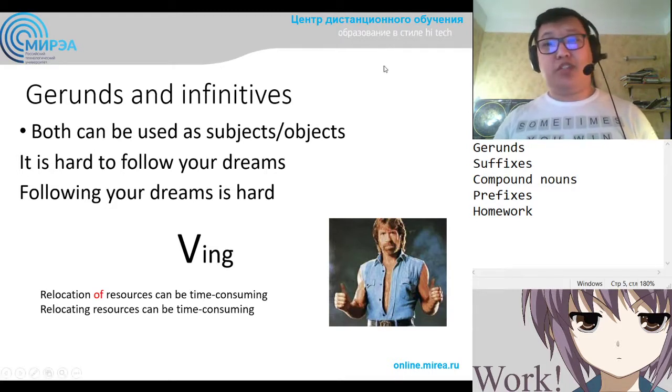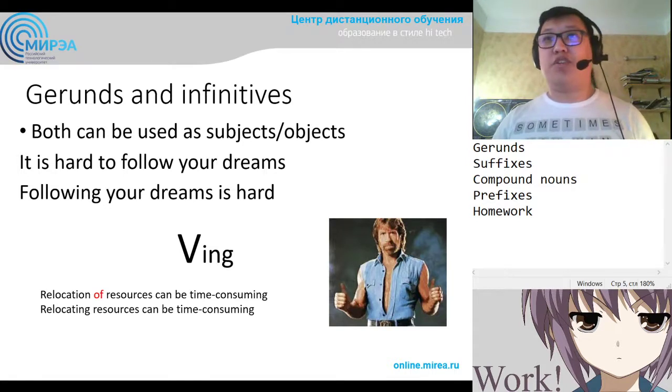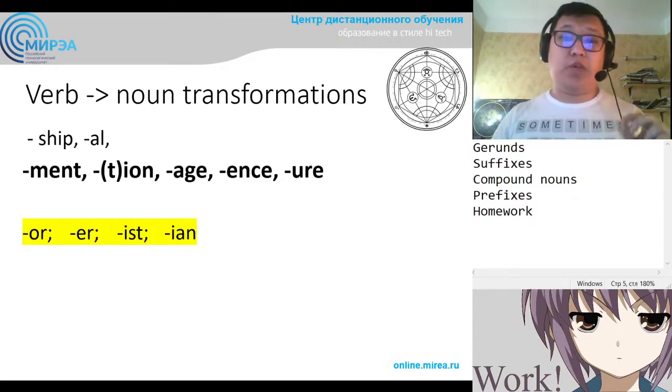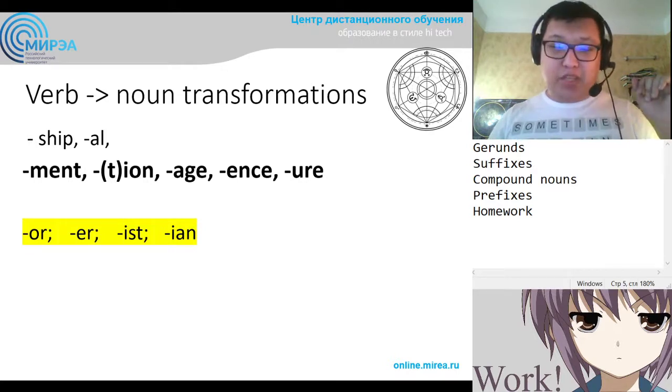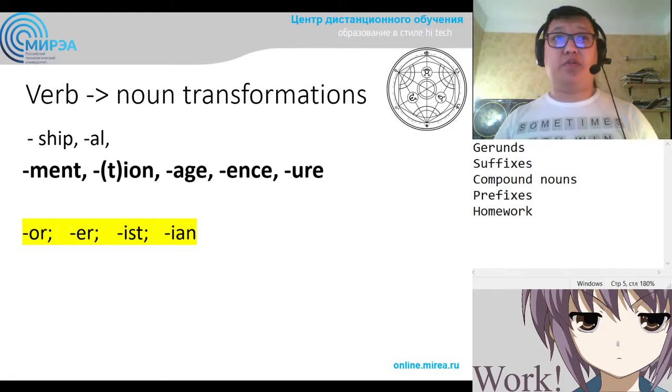But now let's turn to proper part of speech transformations, and we of course do that with suffixes that come in the end of the verb or other words. But pay attention here that this is not a science.